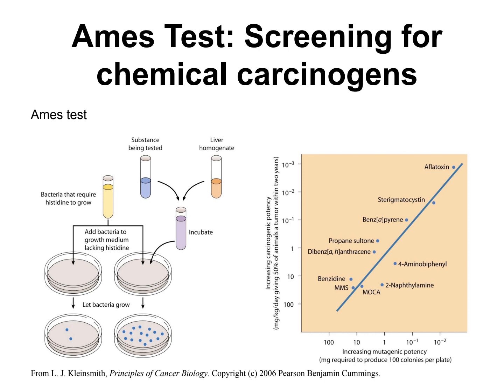So we have 2-naphthylamine, we have benzidine, we have aflatoxin up here, lots of different examples, and you can see that chemicals will exist on this graph at varying locations because they have different ability to create mutations, and the ability to create more mutations will make that chemical a stronger carcinogen.